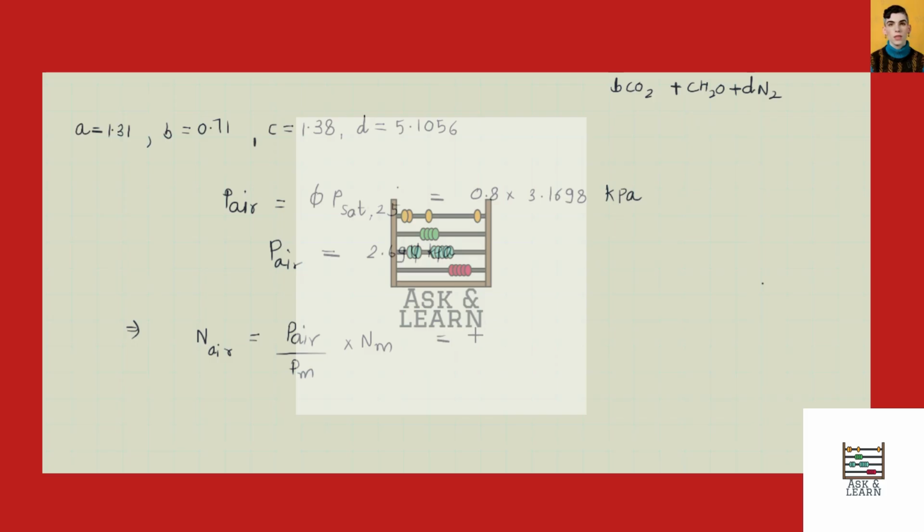So this would be equal to 2.694 divided by 101.325 multiplied by 4.76 A, where the value of A is 1.31, plus N_v. So when we solve this equation, we can find the value of N_v, that comes out to be 0.168 kilomoles.